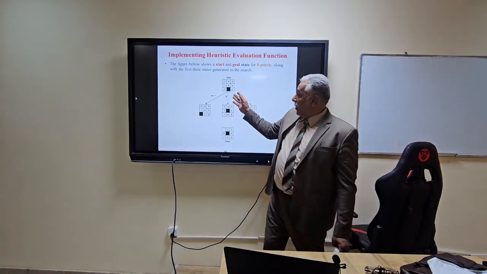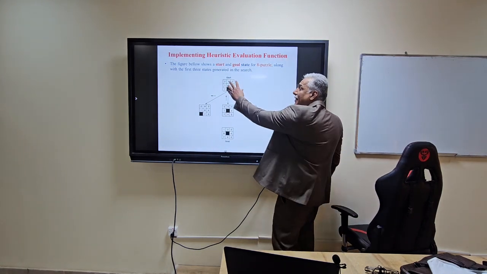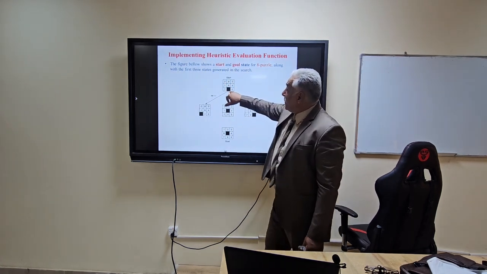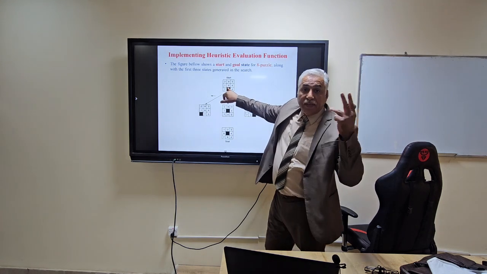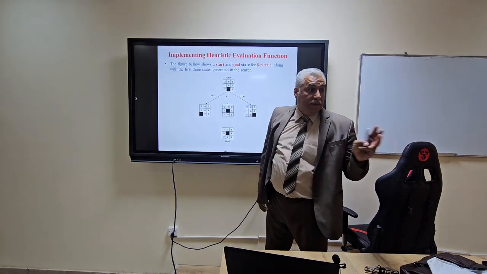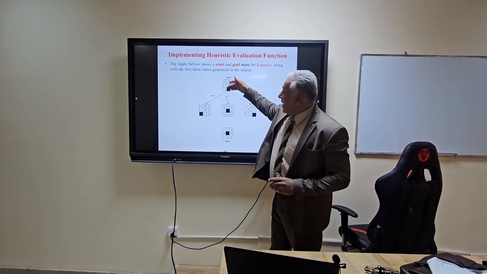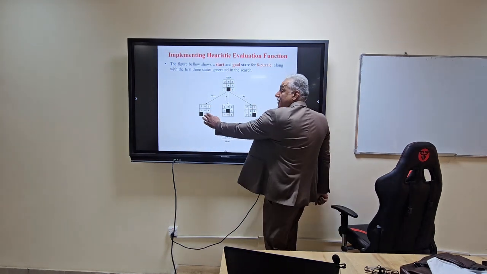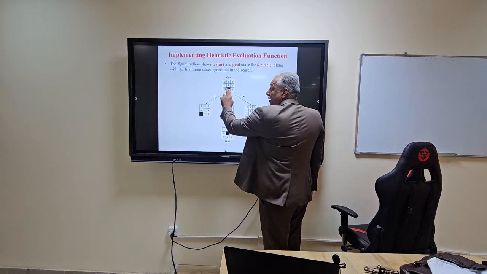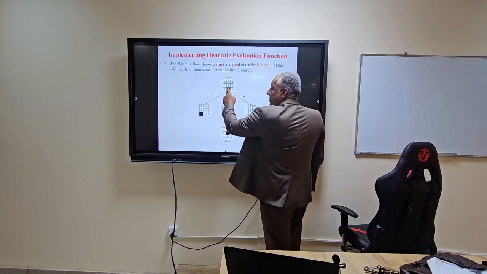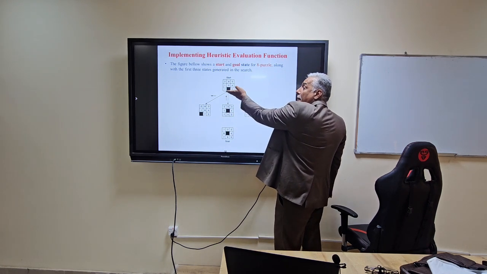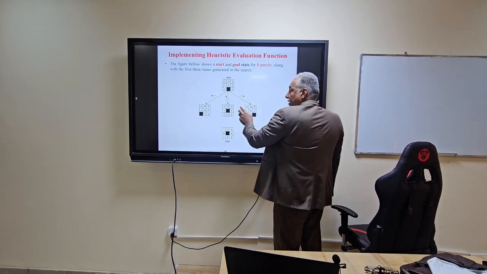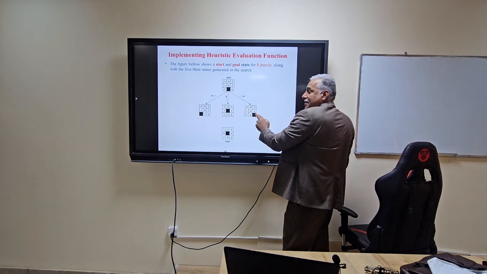Now, in this state where we start, we see the blank tile. We have three options for movement. Either I move it to the left, like this, or it will be moved up, like this, or right, like this.